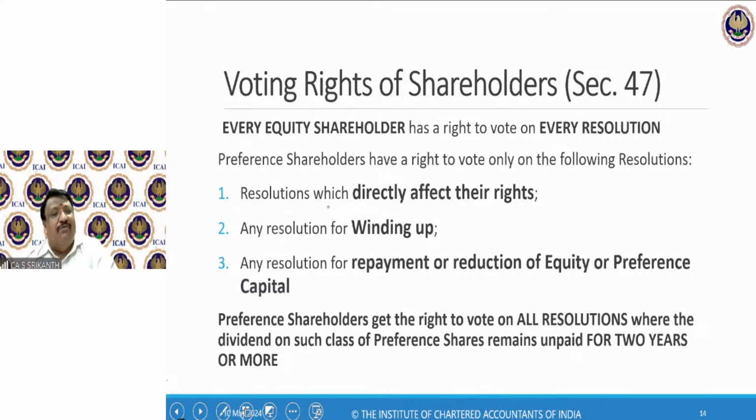But when can preference shareholders get the right to vote on all resolutions? Only when the dividend on those preference shares remains unpaid for 2 years or more. If you have not paid them dividend for 2 years or more, then they get to attend all meetings and vote on all matters.